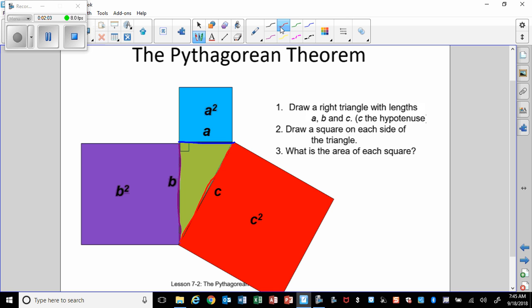And what happens is when we take the area of this one, A times A, and add it to B times B, the area of this purple triangle, it ends up equaling the area of the larger triangle, the area of the largest side, C times C.